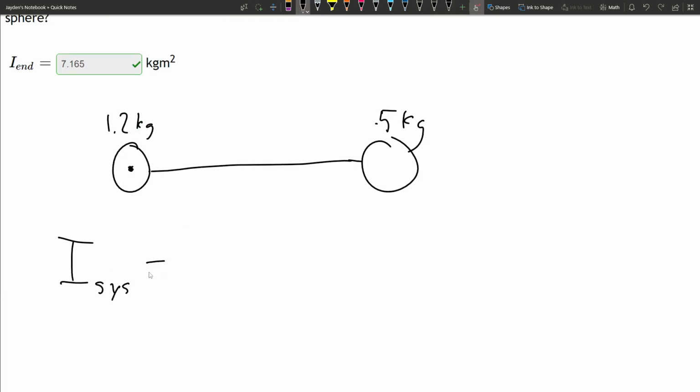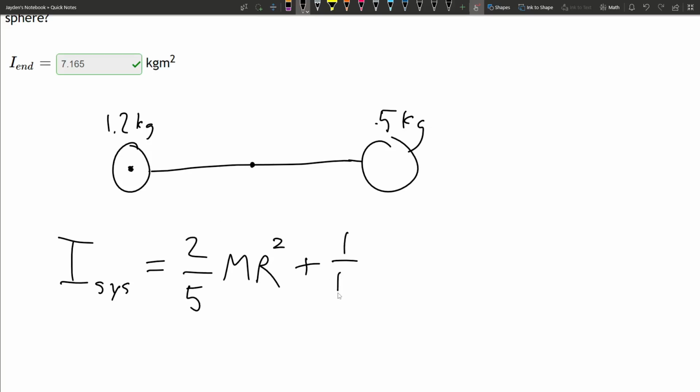About this point is going to be equal to the rotational inertia of that one sphere plus this rod. For the rod's center of mass, we have to use the parallel axis theorem to find it about this axis.